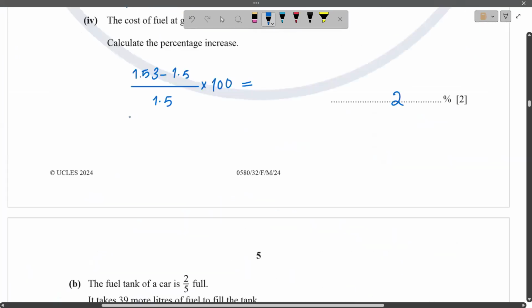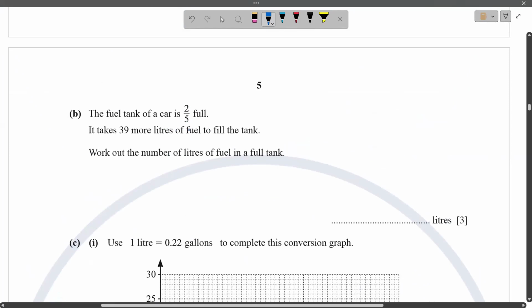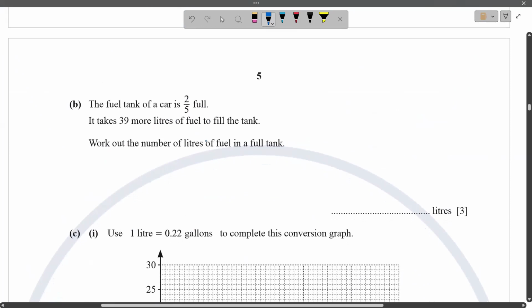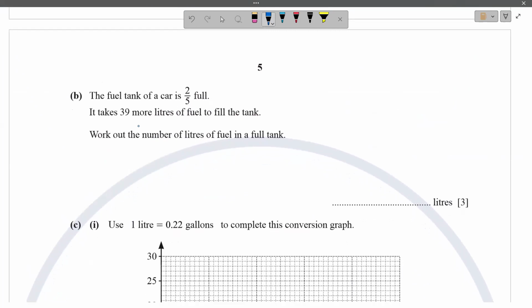The fuel tank of a car is 2/5 full. It takes 39 more liters of fuel to fill the tank. Work out the number of liters of fuel in a full tank. So it takes 39 more liters, that means that 39 liters is 3/5 of the tank.